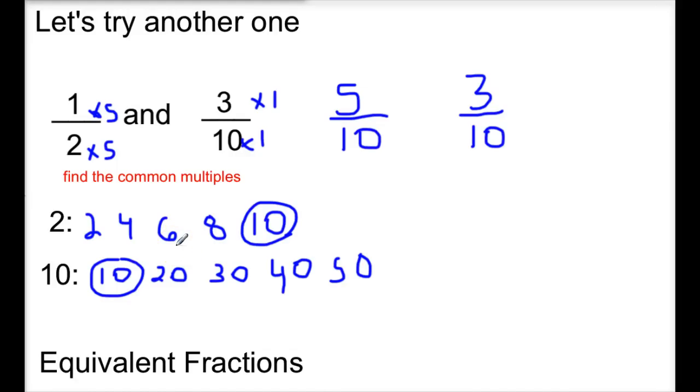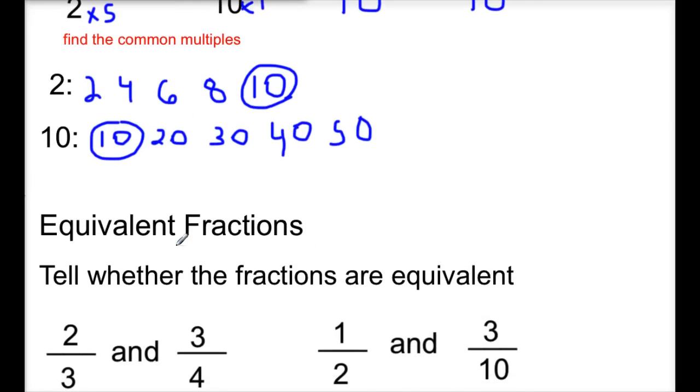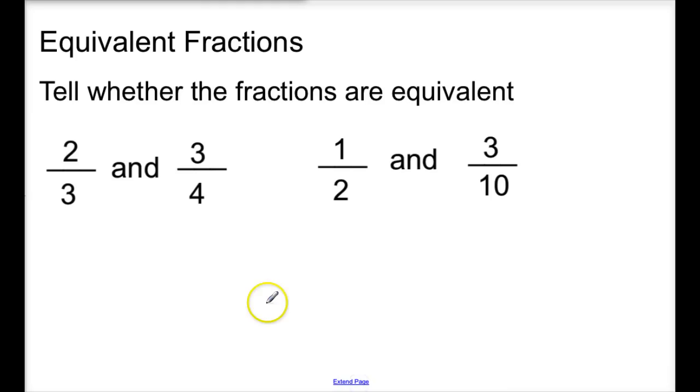Now we are going to move on to equivalent fractions, and we're going to look at those same two pairs of fractions to see if they are equivalent. You've already done some work with equivalent fractions, so we are going to see how we can use common multiples to determine if the fractions are equivalent, as well as look at the way that we can just use multiplication to determine if fractions are equivalent, which is the work that you've already done.